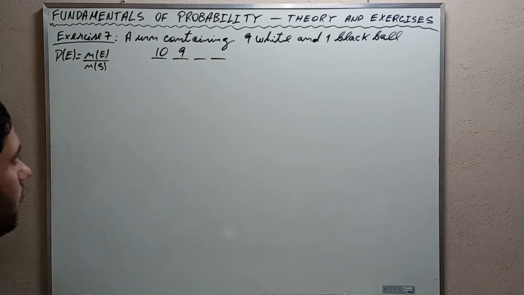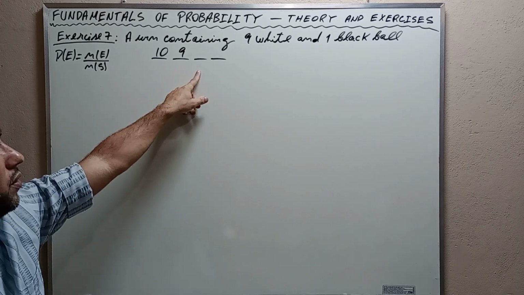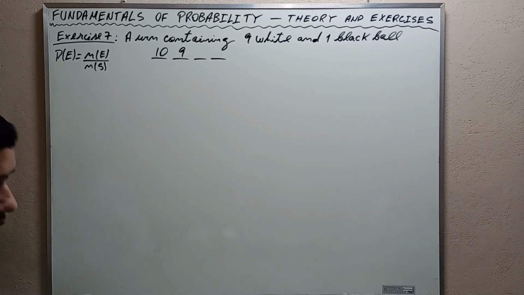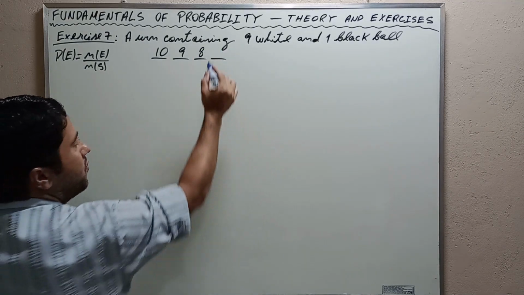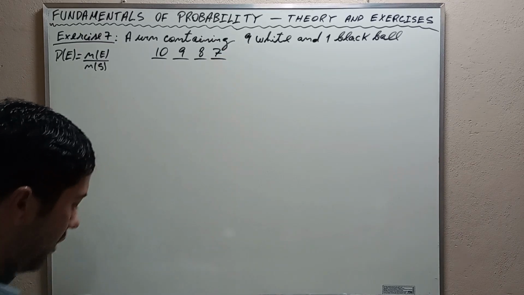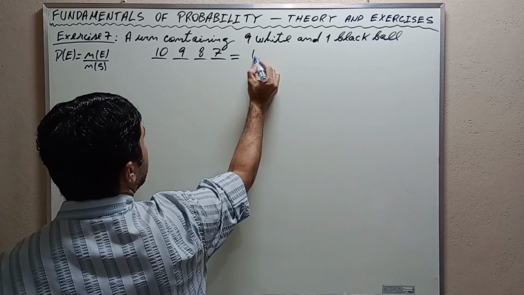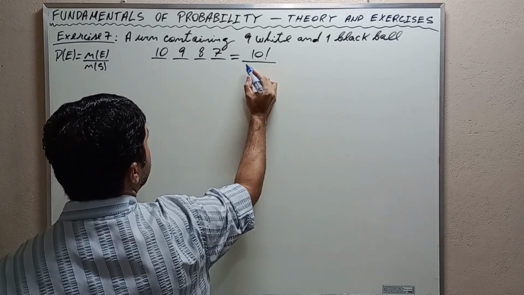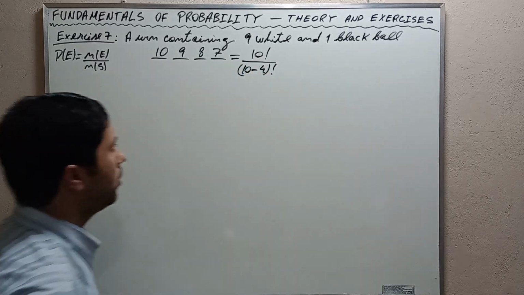As we have already withdrawn 2 balls, for the third selection we have only 8 possibilities, and for the last selection 7 possibilities. This is equal to 10 factorial divided by (10 minus 4) factorial.